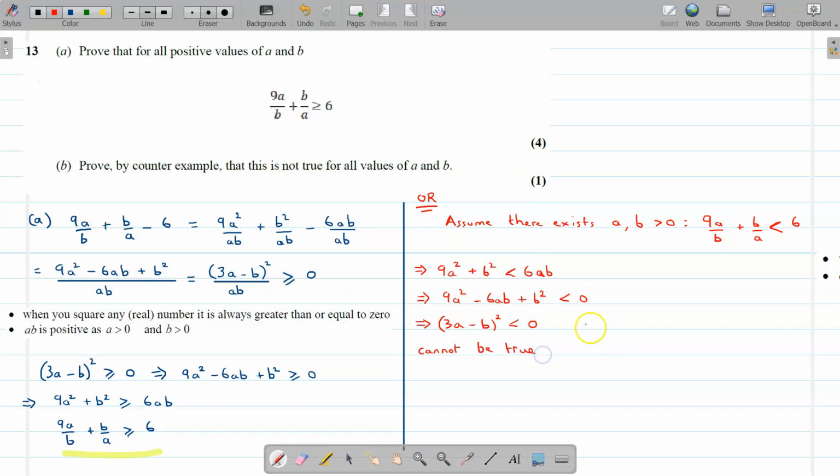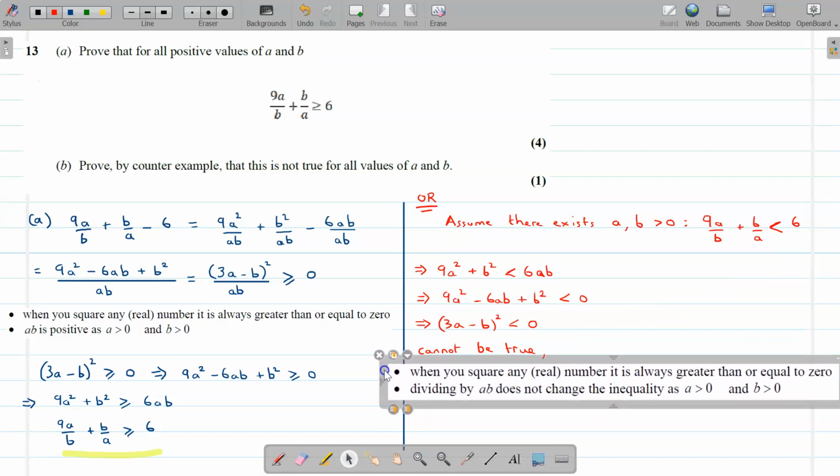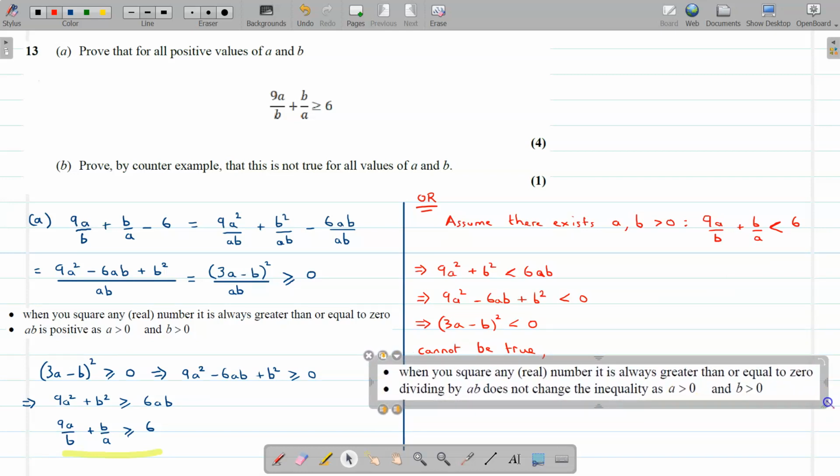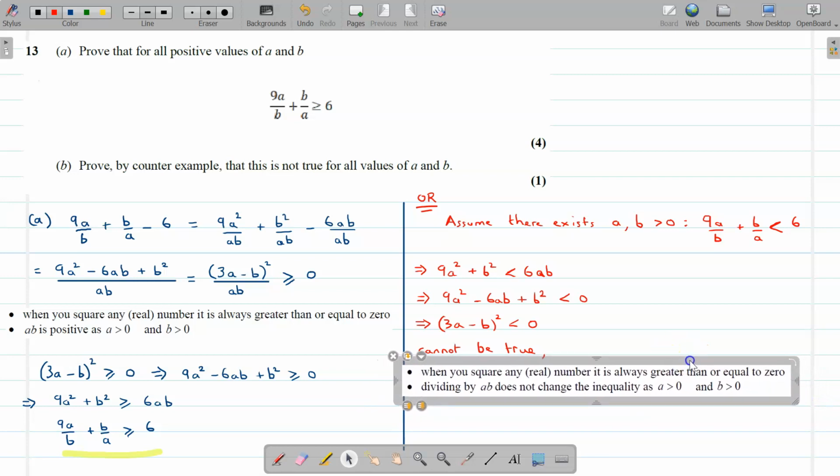And the reason it cannot be true is, well, we've got it here again to save time. It's pretty much the same reasons as we used before, because when you square any real number, it is always greater than or equal to 0. And dividing by ab does not change the inequality as a is greater than 0 and b is greater than 0.